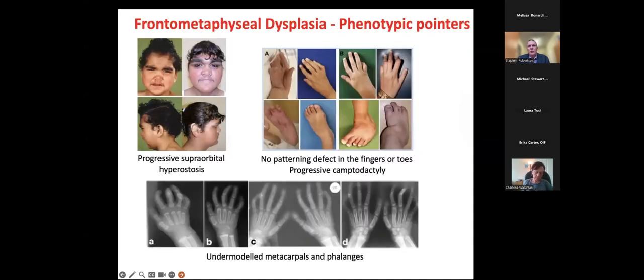Things to point to with regards to the natural history of the condition is that the supraorbital hyperostosis is a progressive entity. In the top left of this slide, we have a Turkish patient with 2 shots of her in toddlerhood and then in her teenage years, indicating progression of the supraorbital hyperostosis over that time period.